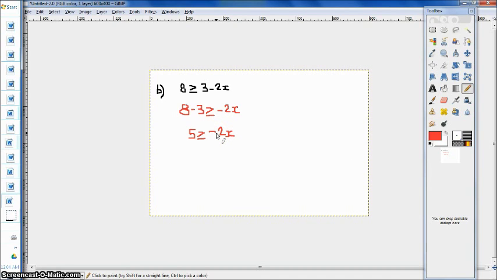Now the tricky part: since this is a negative sign, when I bring this factor to the other side, the sign, which is greater than or equal to, is going to change.